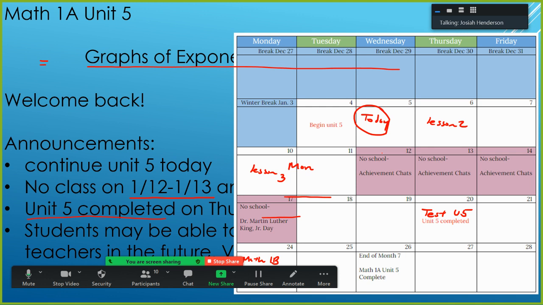So it's next week on the 12th, and the 13th, and technically the 14th, but that's a Friday, so we wouldn't have class then anyways. These 3 days next week are achievement chats. So you should be setting those up with your independent study teacher. It's basically like a parent student teacher conference. And then on the 17th, there's no school for Martin Luther King Jr.